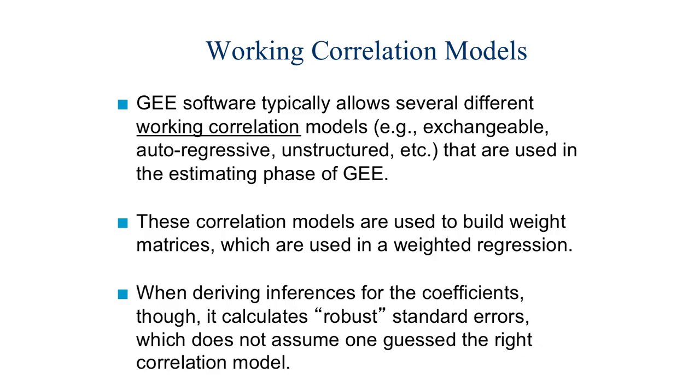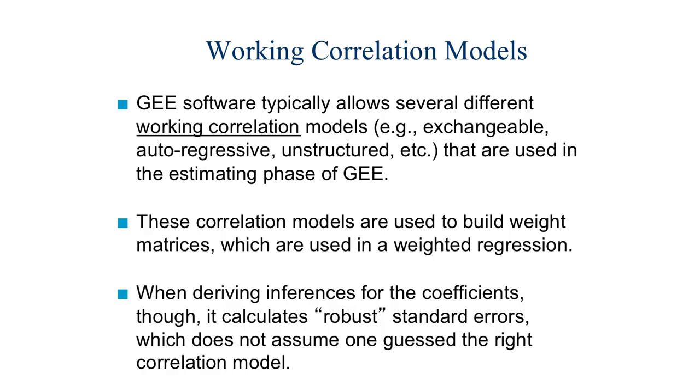It starts, before it gets to the inference part, by allowing you to specify a working correlation, which means it doesn't believe it's true. It's just a way to get estimates that maybe are a little more efficient, using the correlation in the estimation part. So this is an important distinction that I should have made before. There are two kinds of correlation you worry about when you run GEE. The first is a working correlation that you specify that's used in the estimation part.